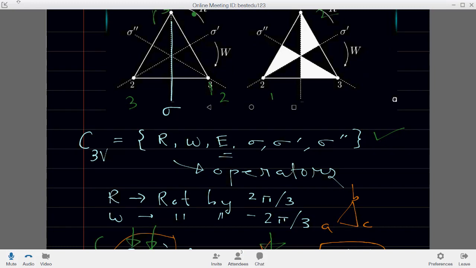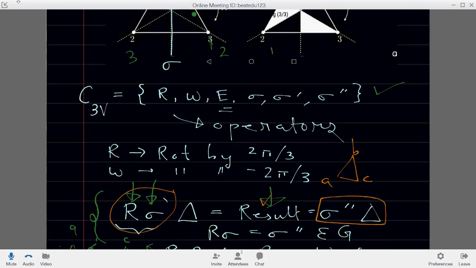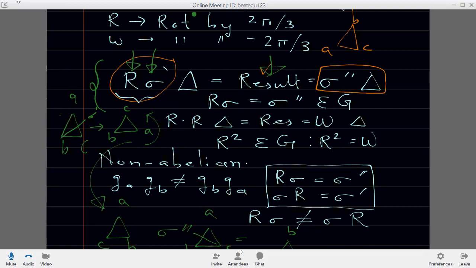R sigma. Yeah, it is written sigma double prime. R sigma will go to sigma double prime, and sigma R goes to sigma prime. Alam, you check how sigma R goes to sigma prime.